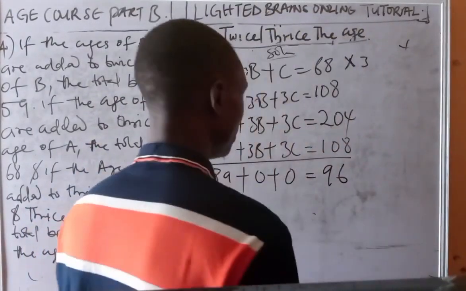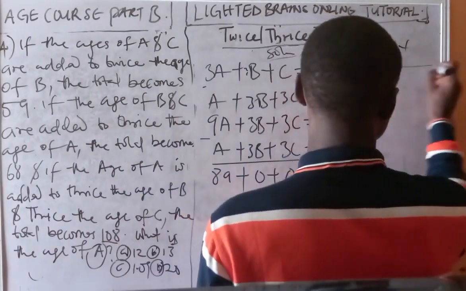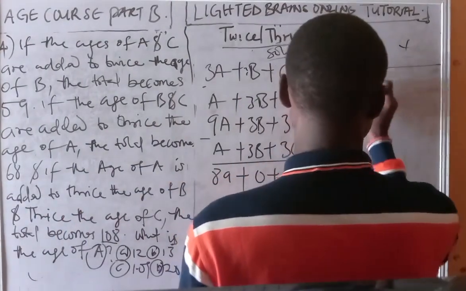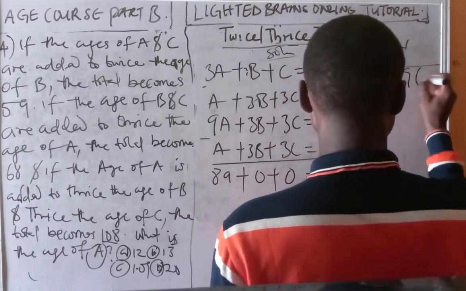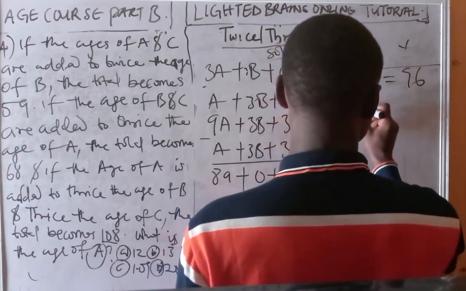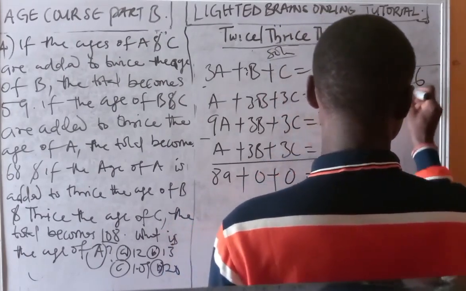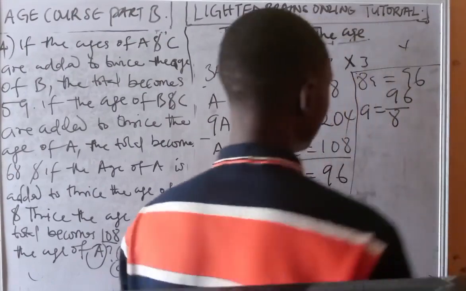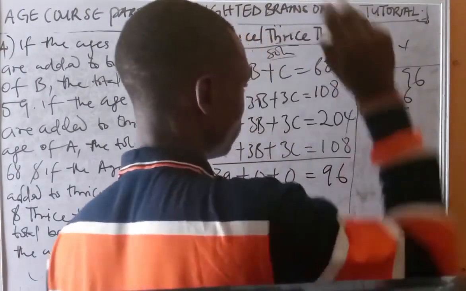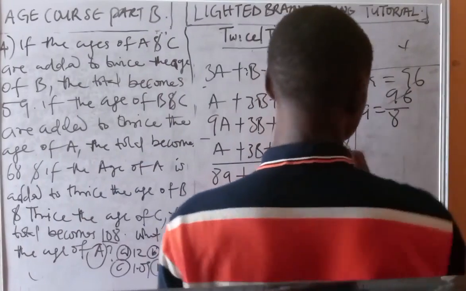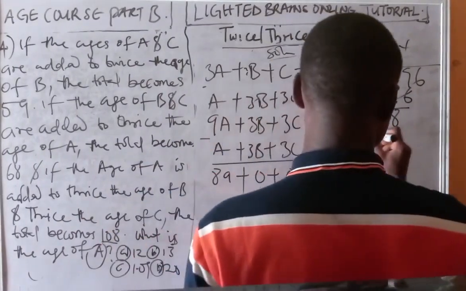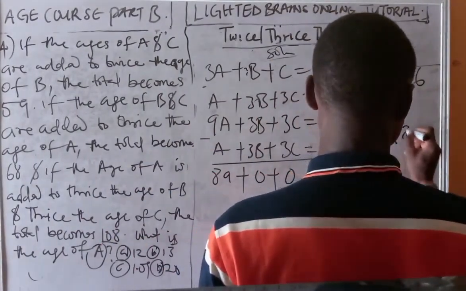So we are now left with 8A is equal to 96. So the value of A is equal to 96 divided by 8. Now let's cancel. When we cancel with 2, 2 table here will give us 48.